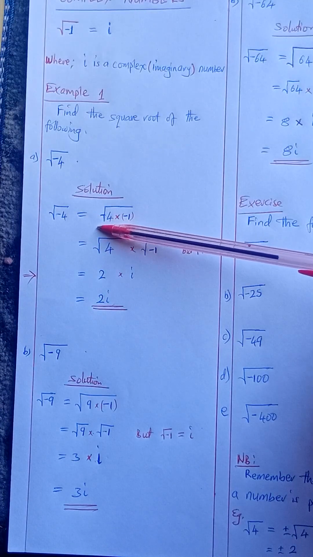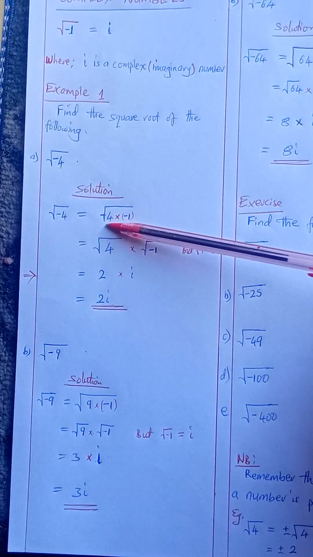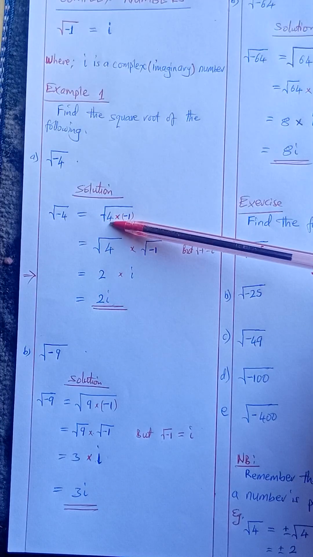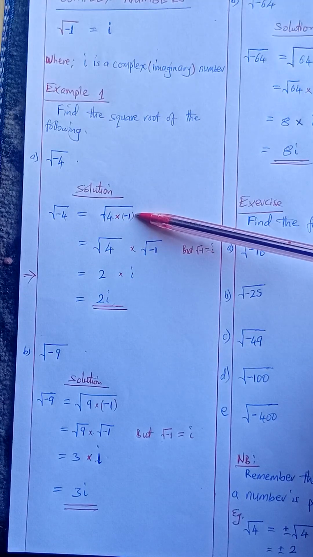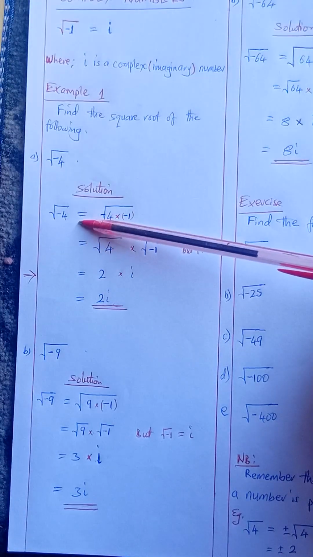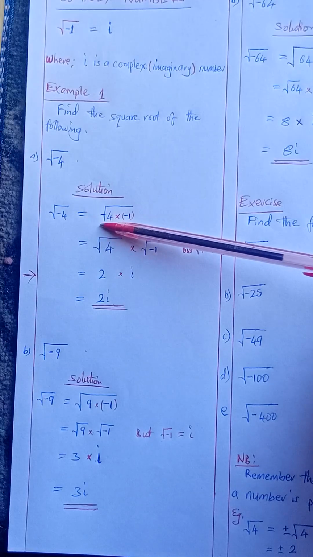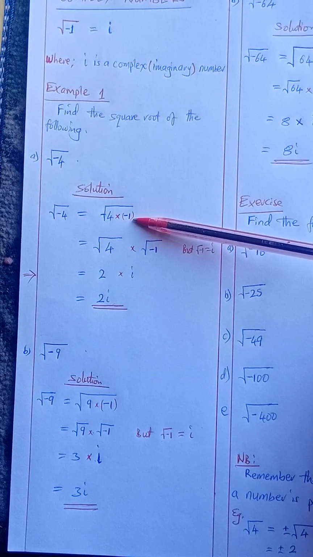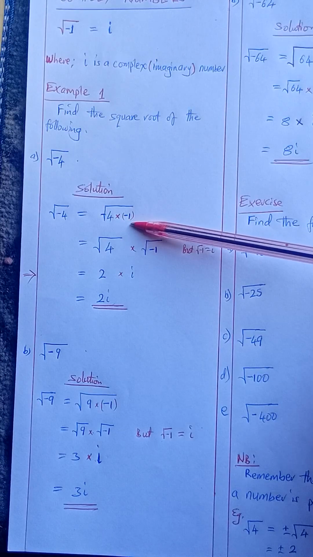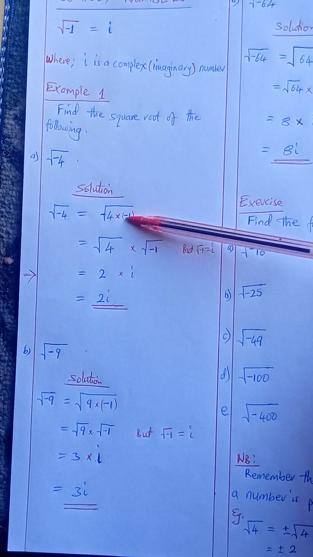Negative 4 is the same as 4 times negative 1. So instead of maintaining negative 4, to make it easier, we put negative 1 separately. Since the square root of negative 1, the complex number, is i, we know. So by doing that, it makes our work easy.